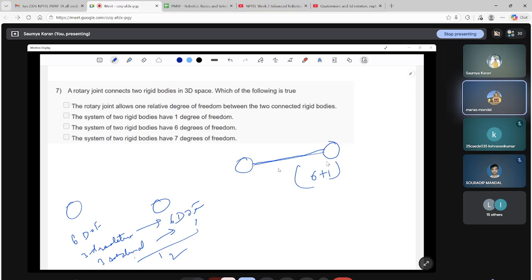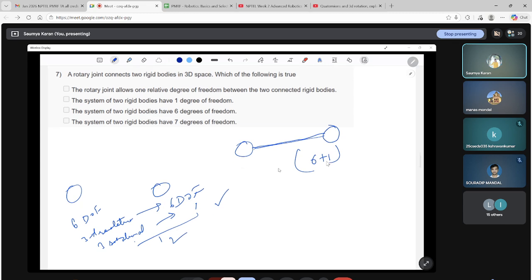In this case we would have 12. But what happens? For example, if there is a rotary joint, a revolute joint in 3D, it only allows rotation about one axis, right? Since it is interconnected, this would have initially 6, this would have initially 6, but these are connected.